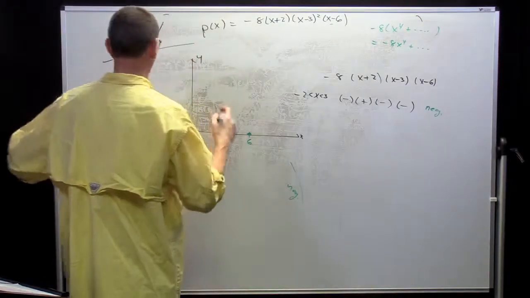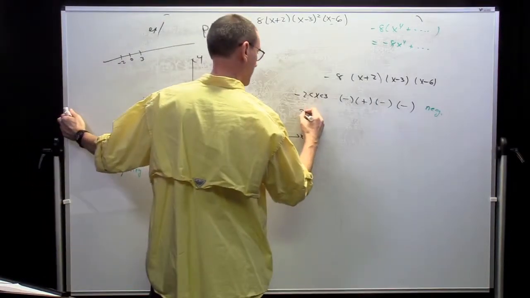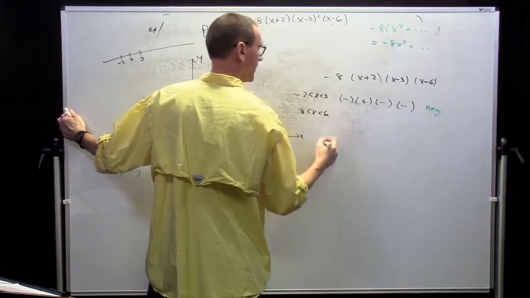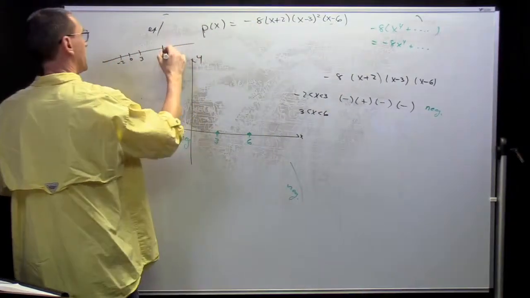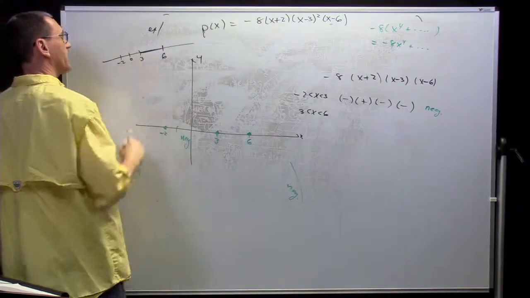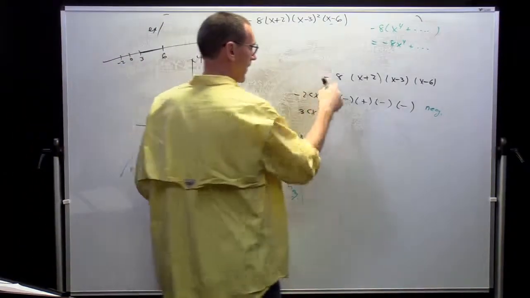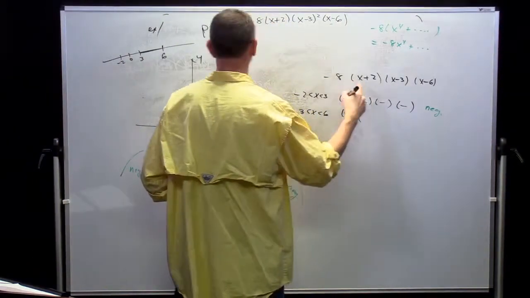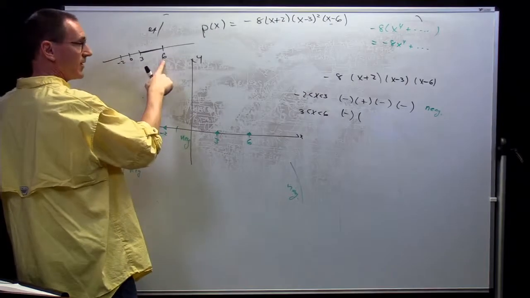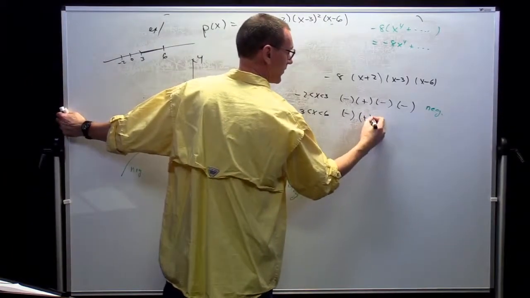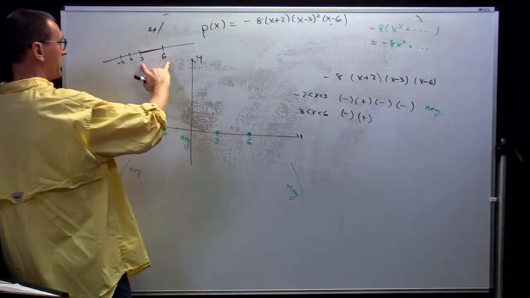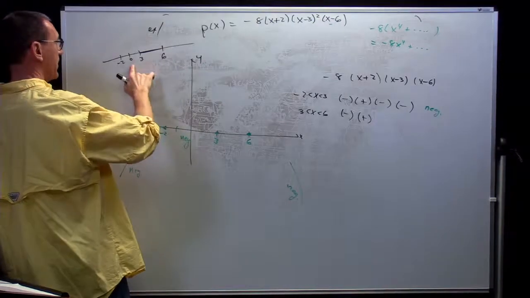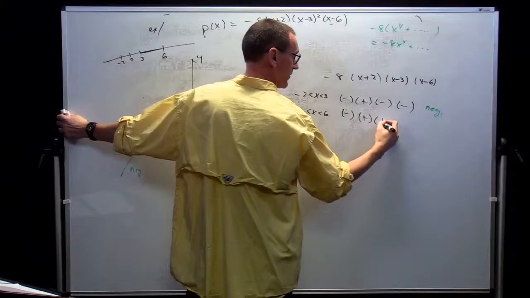All right, now as I go from 3 to 6, this is going to be on this interval here. Minus 8 is negative. If I take a number from 3 to 6 and add 2, it's going to be positive. If I take a number between 3 and 6 and subtract 3, it's got to be positive.